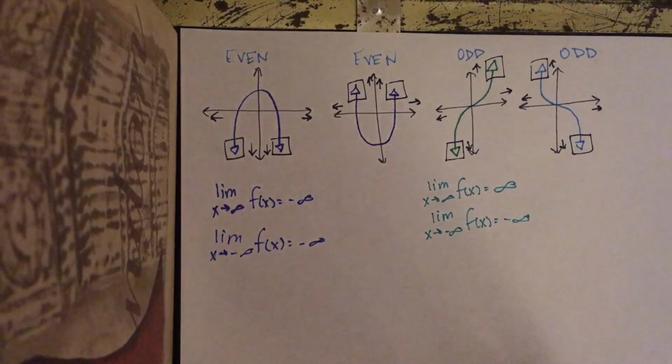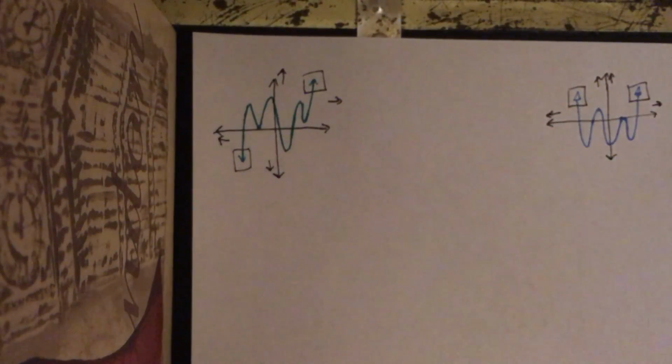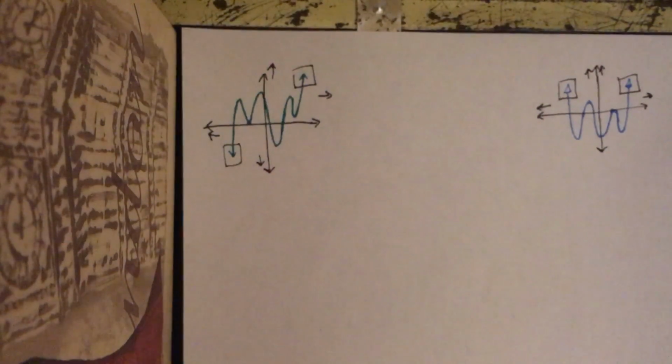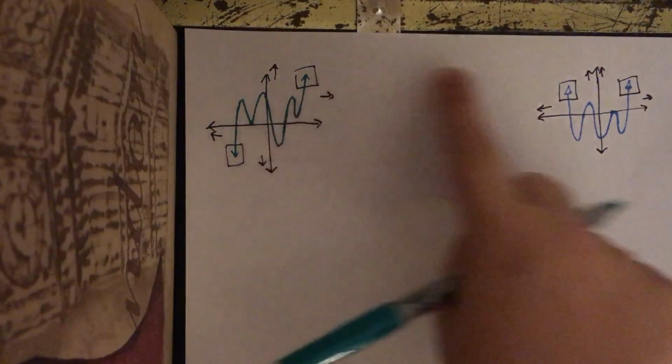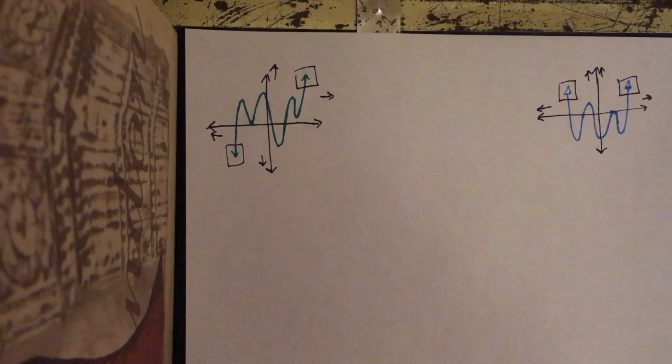Now that we understand these functions and our basic functions, let's take it to our super weird looking functions. So as you can see, these functions have the same boxes as the ones that we did before. So let's put these into limit notation.